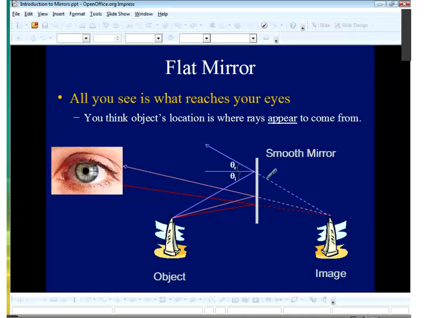Now, extending two is enough. And you find that they intersect. That's where you get the image of that tip. So what this brain thinks is that the object is here.